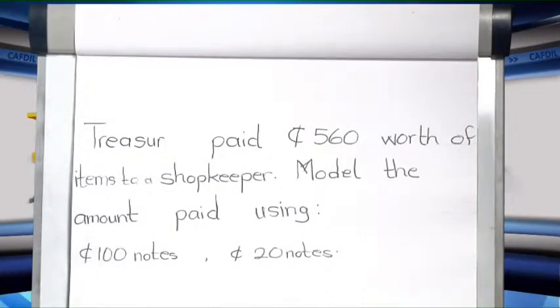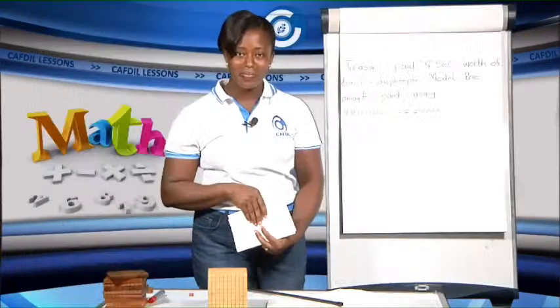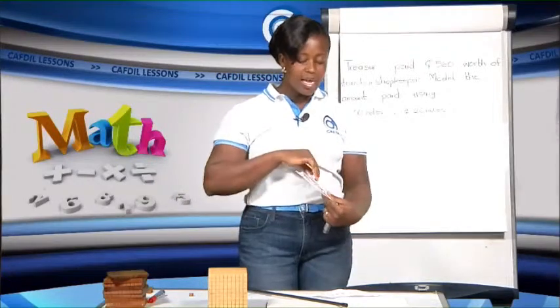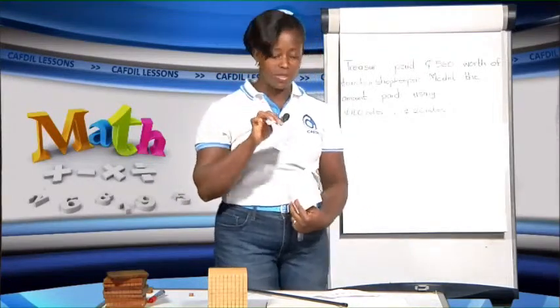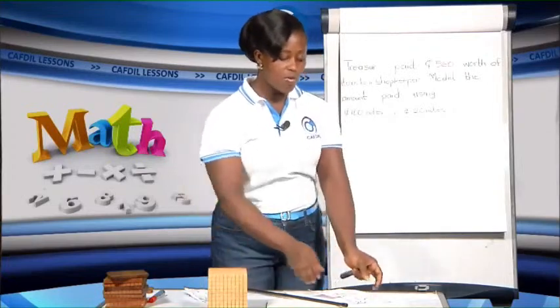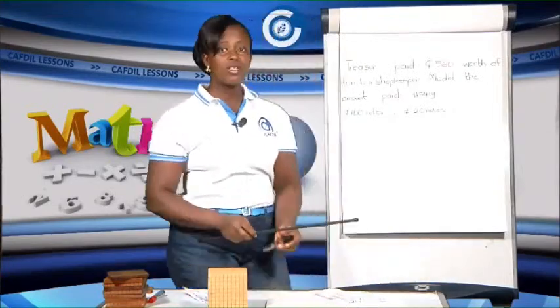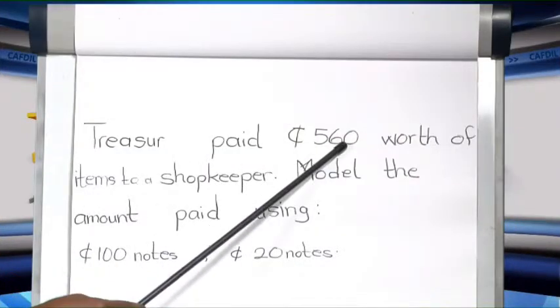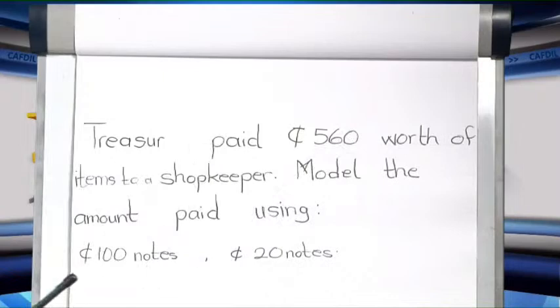Learners, I have my notes over here. Let's assume this is my 100 cedis notes and this is my 20 cedis notes. Now let's go back to the question. The person paid 560 worth of items to a shopkeeper.